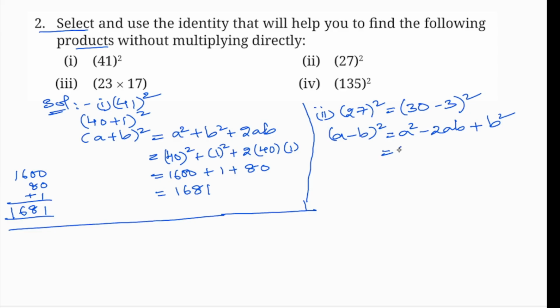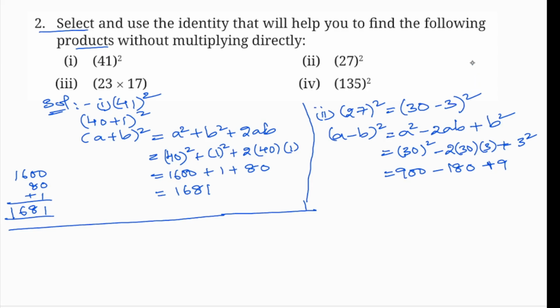So here a is 30 and b is 3: 30 square minus 2 into 30 into 3 plus 3 square. So 3 square is 9, and for the 1 zero we will get 2 zeros, minus 2 threes are 6, 6 threes are 18, plus 3 square is 9.